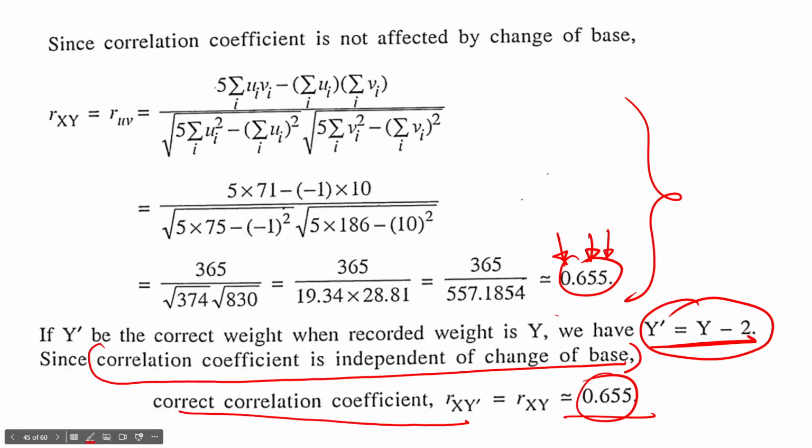When we are reading it, we will have some confusion, or some panic moment, about what the correct approach to solve this question would be. But in reality there is no difference between those two values. So if you know the basic one-line concept, that the correlation coefficient is independent of change of base or change of origin, then you will not have a panic moment regarding this in the exam. So that is the main thing to discuss.